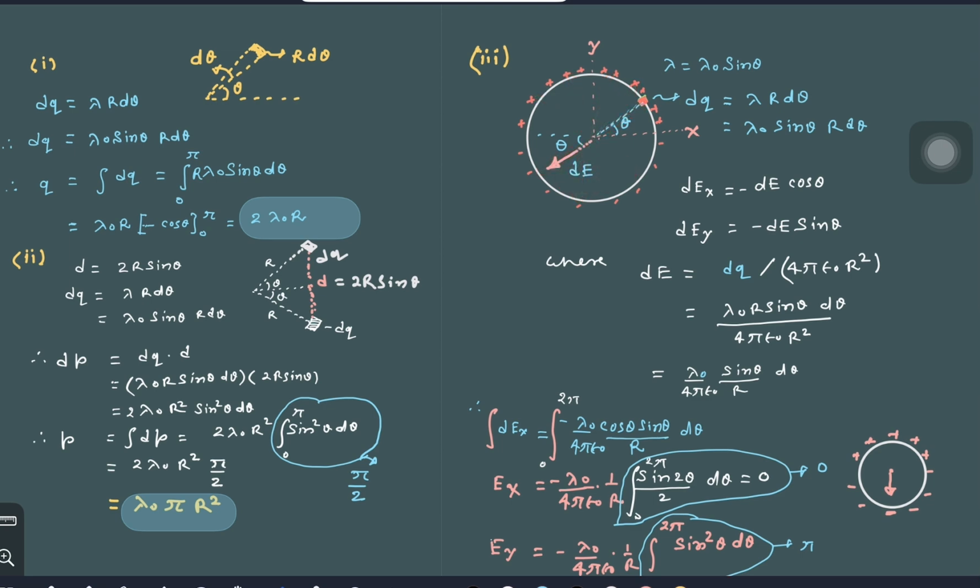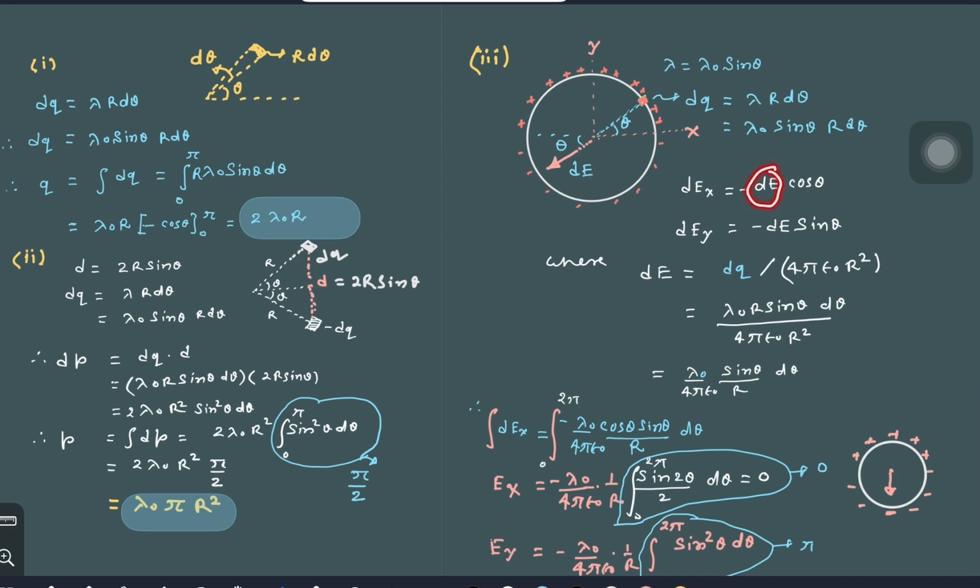So what we should do, we can take the component of this field along x and y and integrate these separate components. That I have done here. I have taken the component of this dE in the x direction, and the minus sign I have placed to indicate it is in the left direction, and dE_y downward, this much.